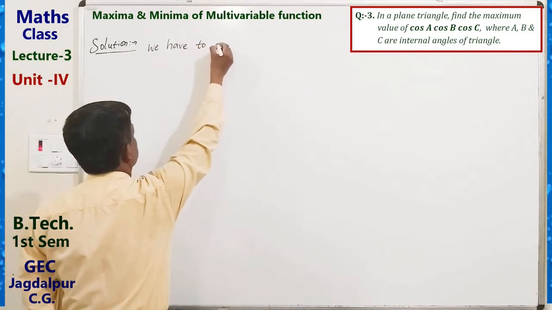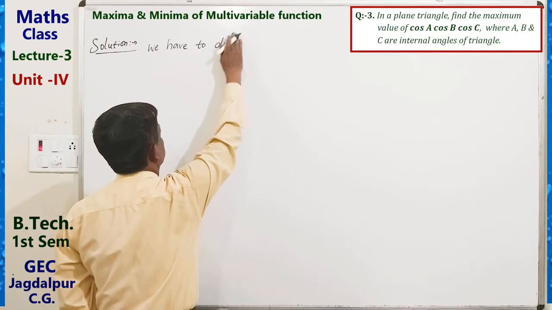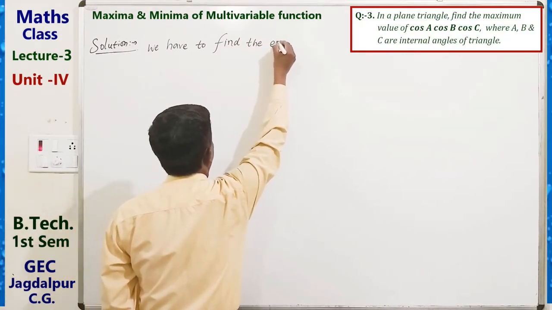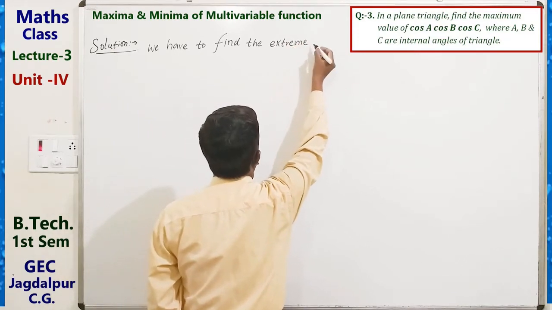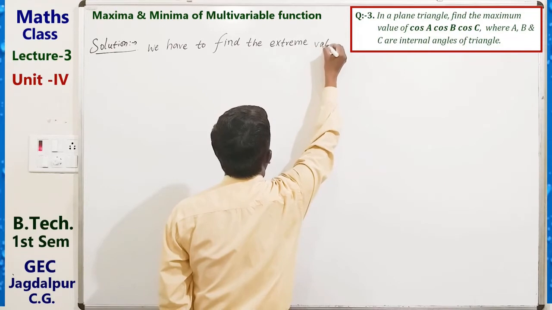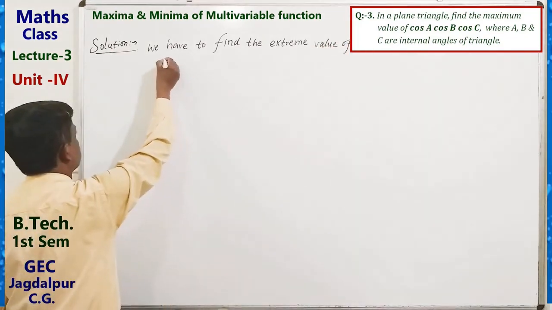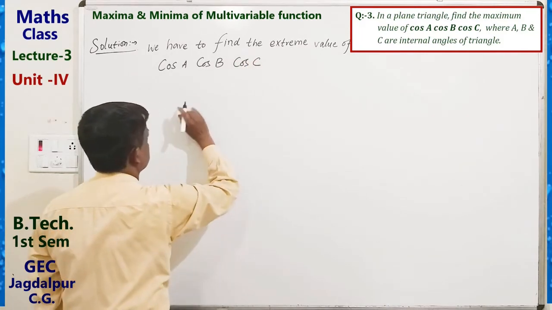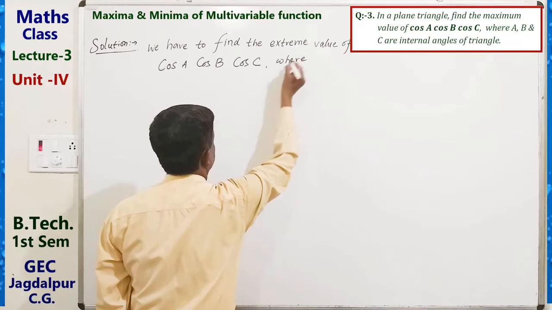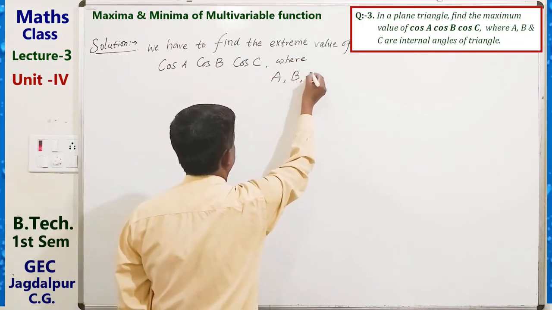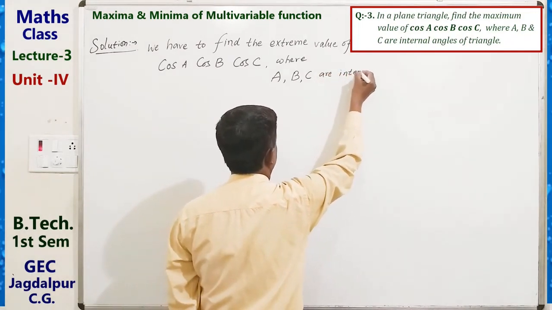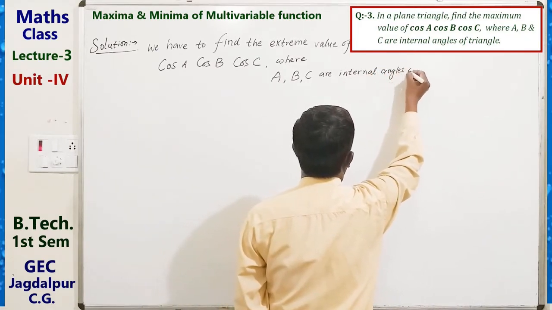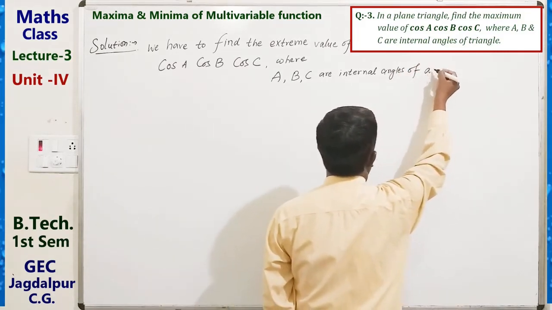We have to find the extreme value of cos A, cos B, cos C, where A, B, C are internal angles of a triangle.